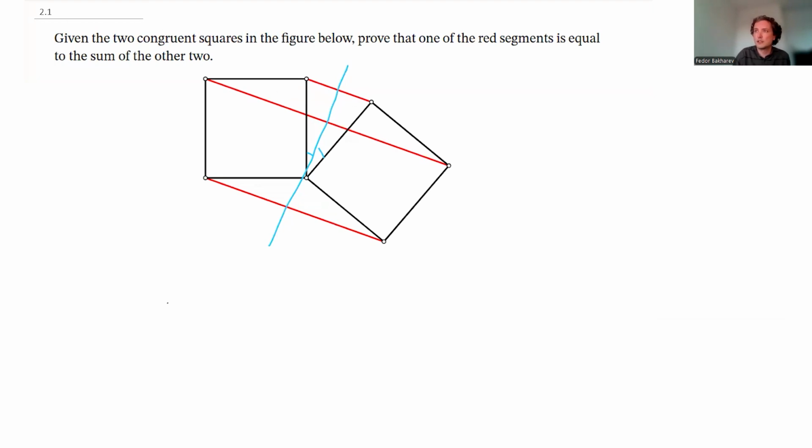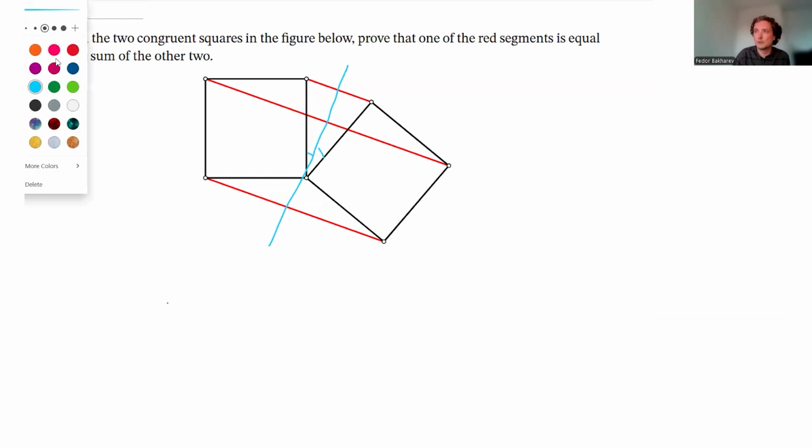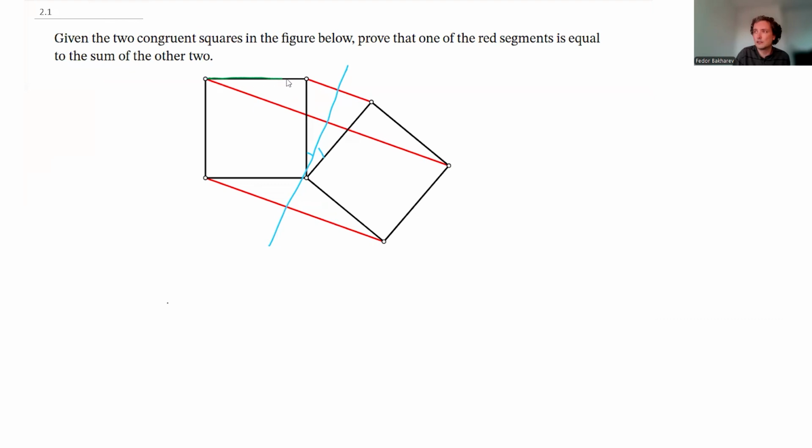If you made this observation, then you could just construct a parallelogram with such a side. This is the side of the square, of course, so it is equal to this one, and at the same time this side is equal to this one and parallel.